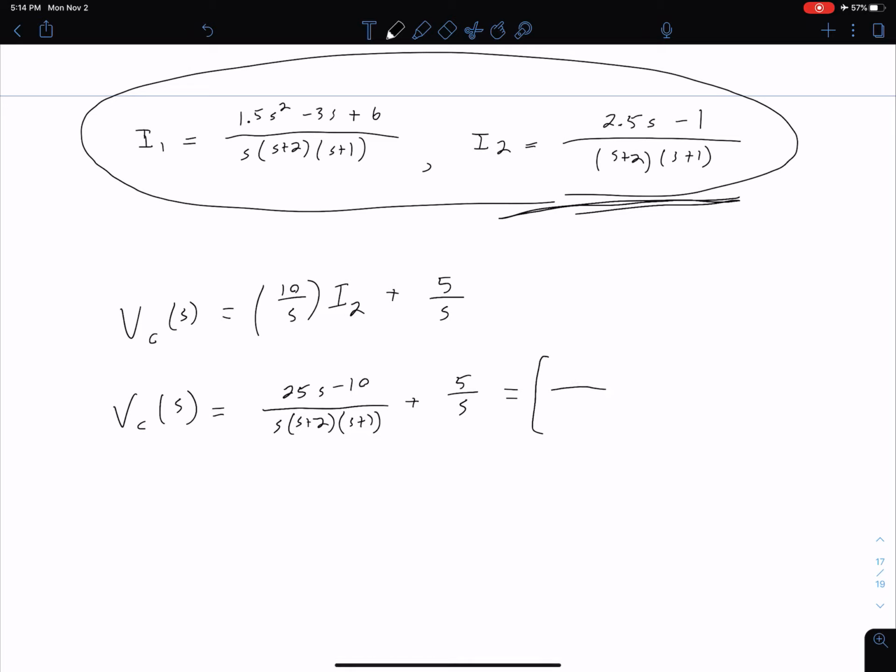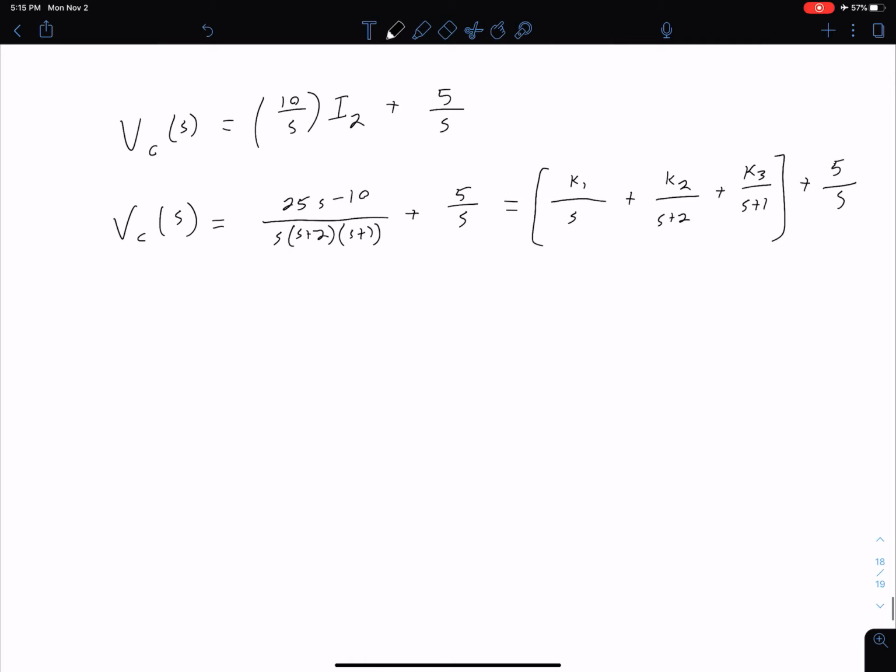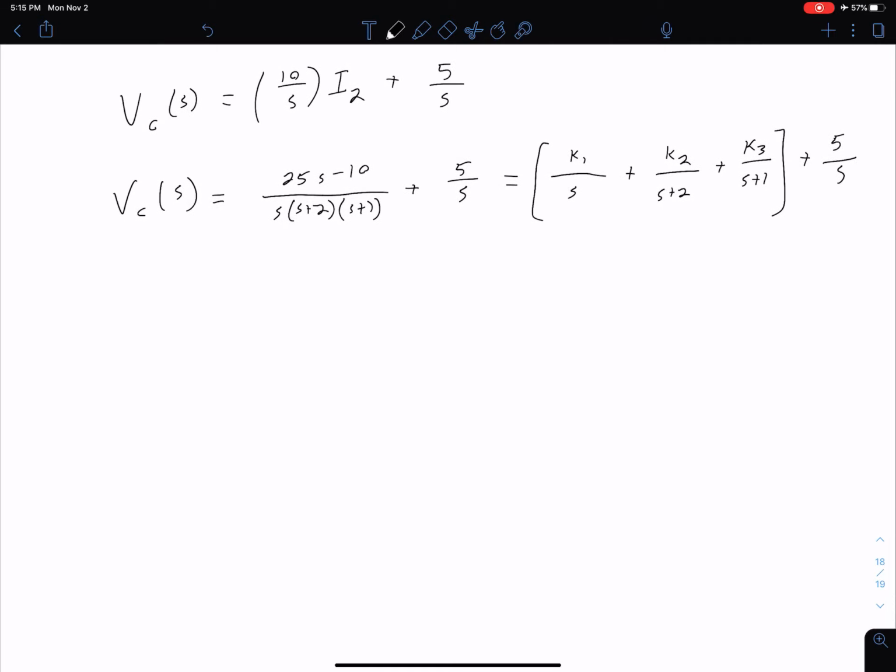So we have 3 poles in that initial function here. So we have k1 over s plus k2 over s plus 2 plus k3 over s plus 1. And then our 5 over s, of course, we already know the value of that, so we can already inverse transform that part. So using our residue method, we know we have real distinct poles.